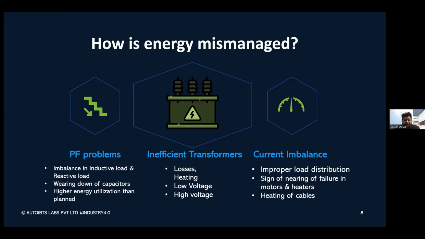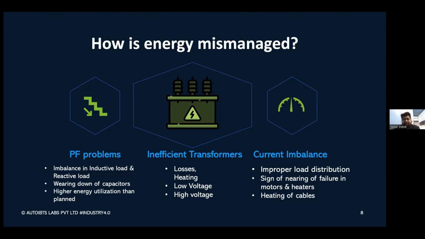Then sometimes your inductive and reactive loads, your capacitors, your PF bank is okay, but after due course of time, we see that capacitors that are used for maintaining the power factor are wearing down, and then they are not replaced in time. So that also causes a lot of PF problems which are not seen early on.